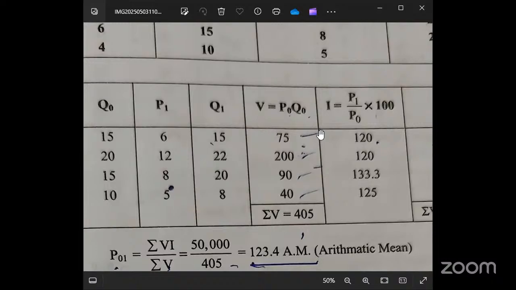I is index numbers. So here I equals P1 by P0 into 100.